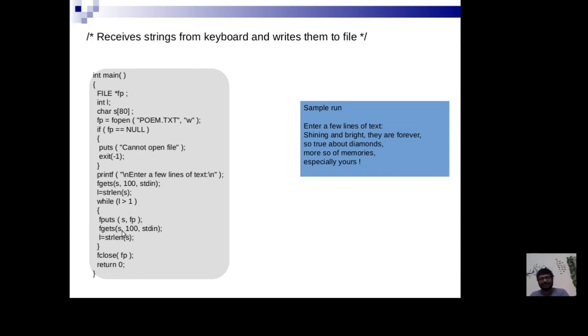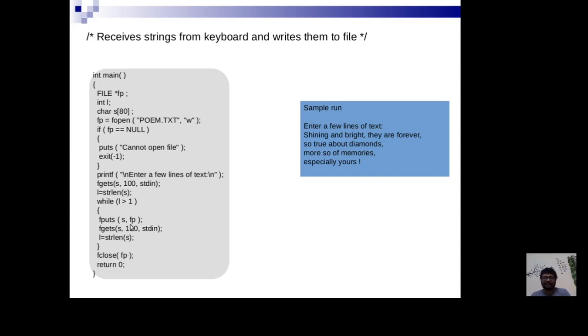Then this fgets again asks the user for another line, and l contains the length of the line. You will write that line if l is at least 1. If the user does not want to enter any more lines, the user just presses the enter key. Then the length strlen will be equal to 1 and you will exit the loop.